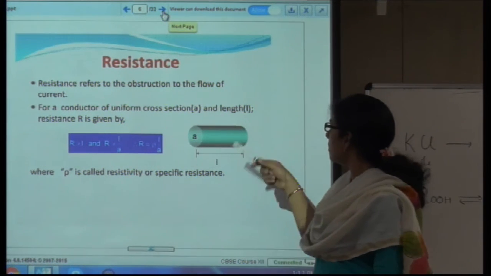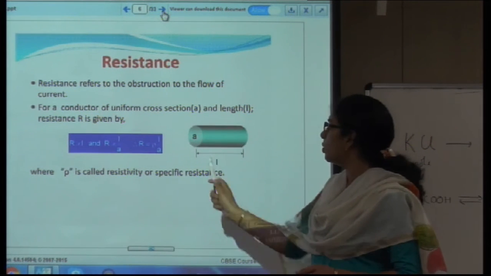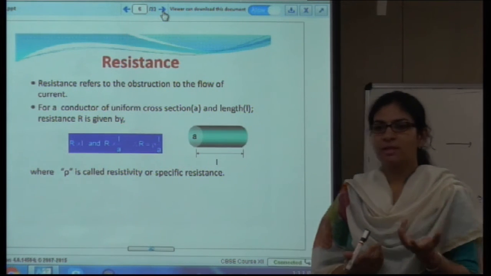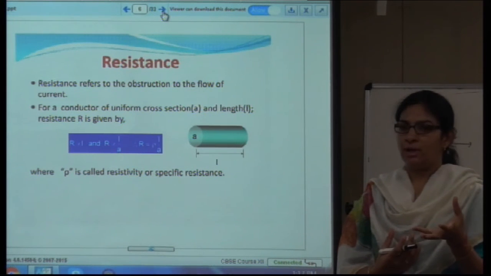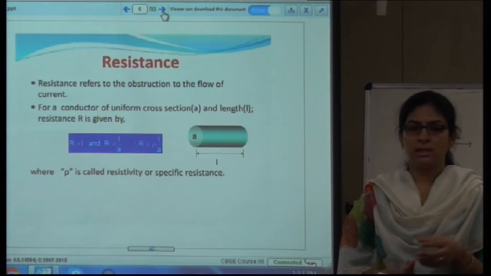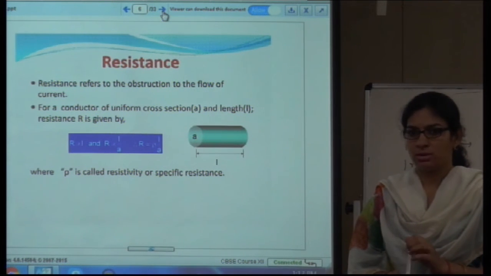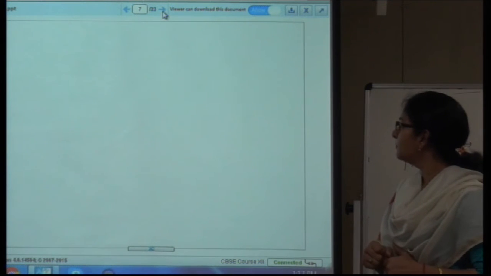If you take the length and area of cross section as unity, then your rho will become R. Therefore you define specific resistance or resistivity as the resistance of a wire whose cross sectional area is 1 centimeter square and length is 1 centimeter, right? You can express it in SI units also. Next please.